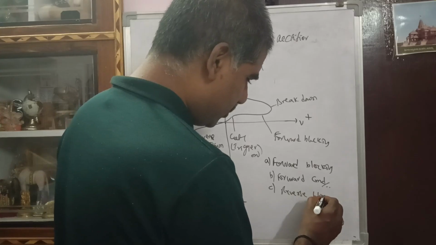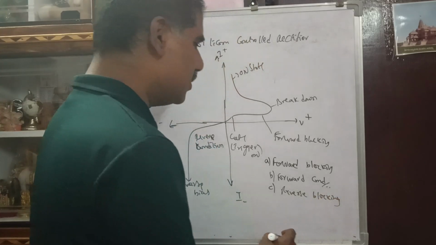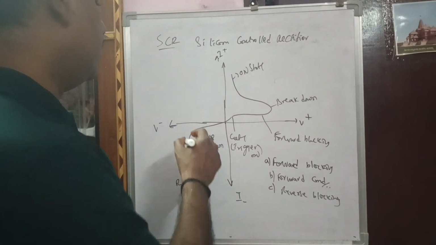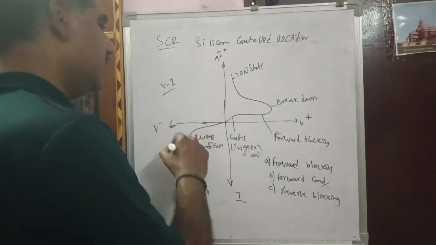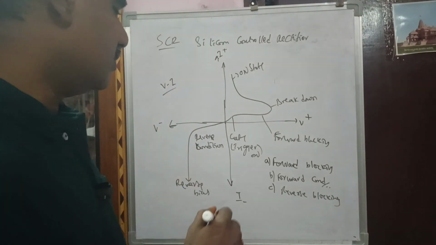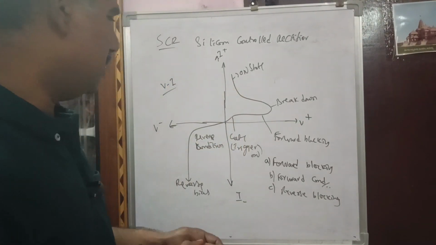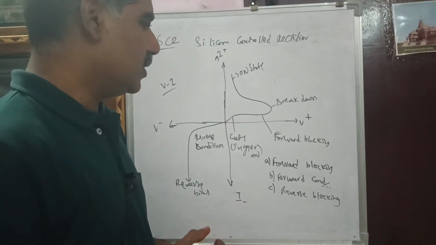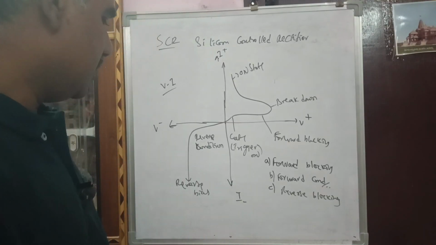This is the graph of the VI characteristics of the SCR. I am giving a short note. This is what the SCR graph looks like. Thank you for listening.